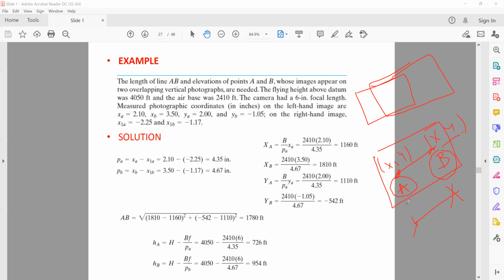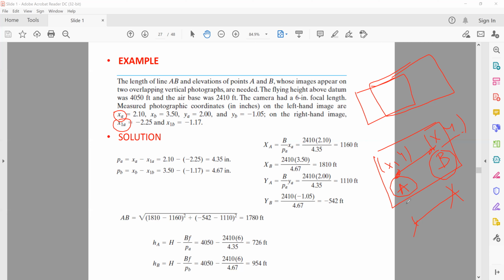So the first thing to do is to find out the parallax for the point A and the parallax for the point B. Like we saw before, parallax is basically x minus x1. So the x coordinate of the point in the first picture and the x coordinate of the same point in the second picture. Over here we are given for the point A, xa, which is the first coordinate, and we are given x1a, which is the x coordinate of the same point in the second picture.